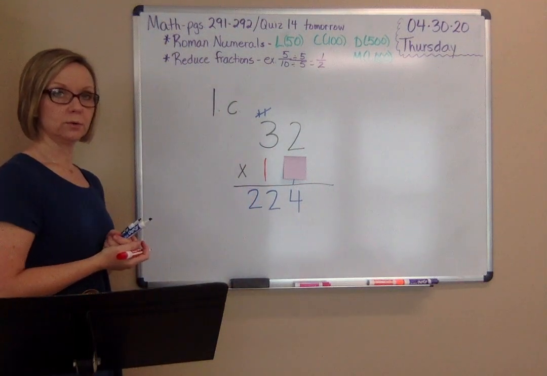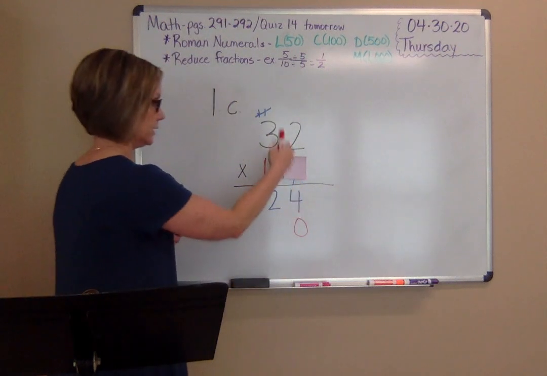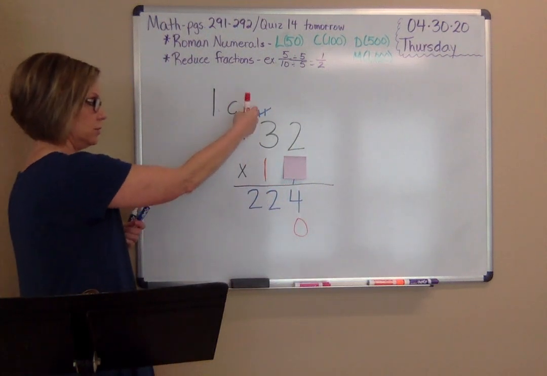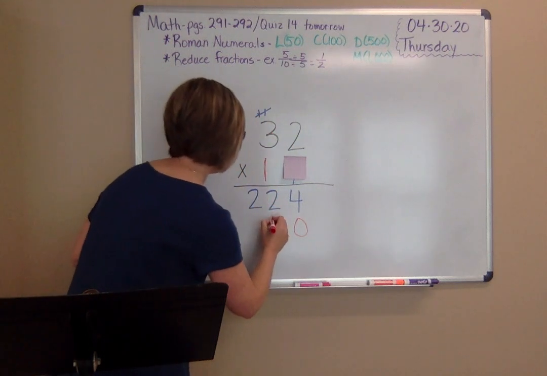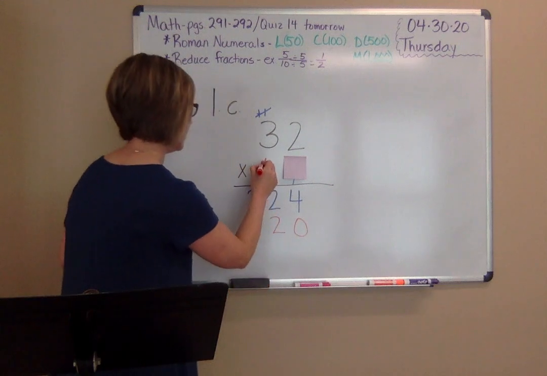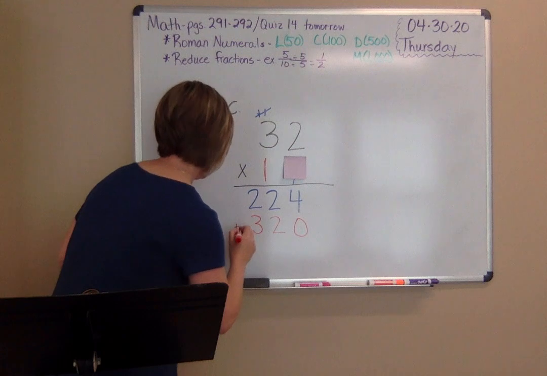First thing I'm going to do is put my hero 0 placeholder because I'm finished with 1. So I'm finished with this side. Now I'm moving to this column. 1 times 2 equals 2. 1 times 3 equals 3. And then we're going to add.